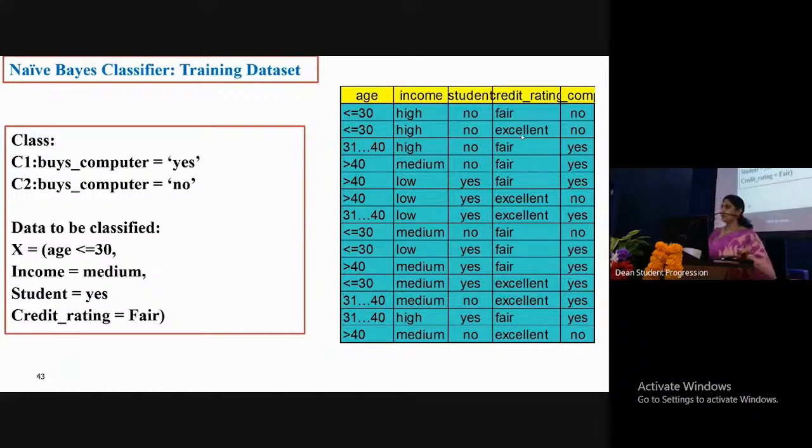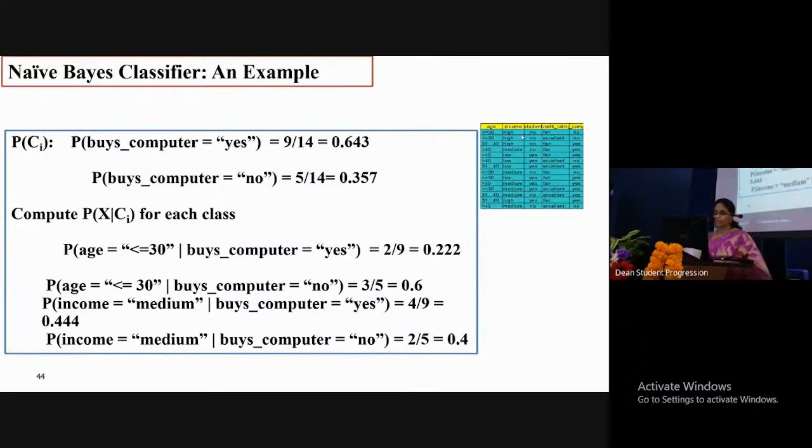So for less than or equal to 30, the number of values with buys computer yes is 2. The total number of buys computer yes is 9. Out of 9, those with age less than or equal to 30 are 2. So the probability of age less than or equal to 30 given that he is going to buy a computer, which is yes, will be 2 by 9.